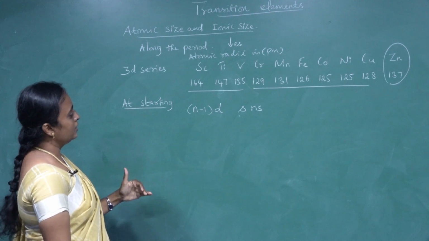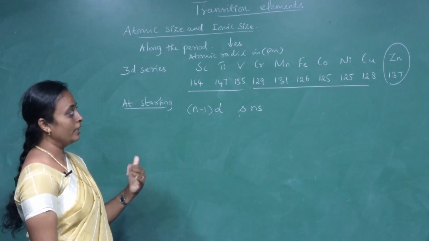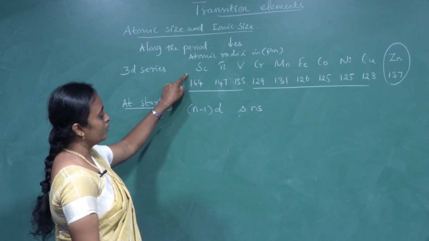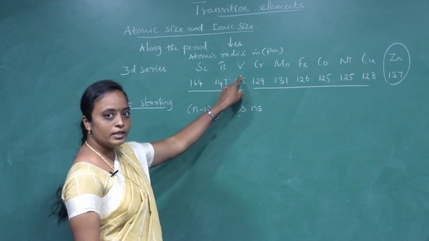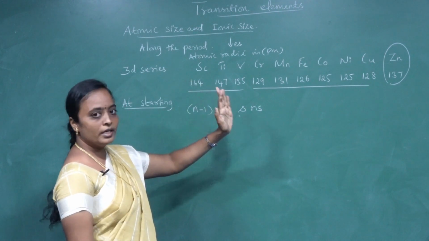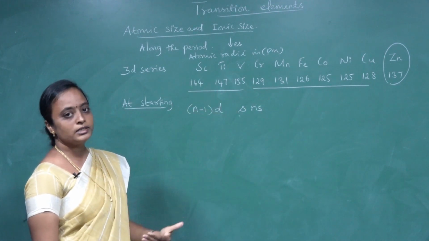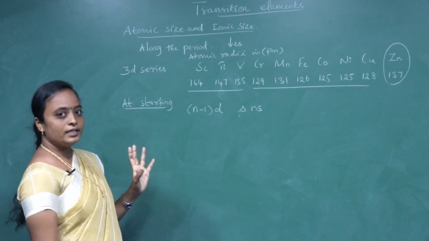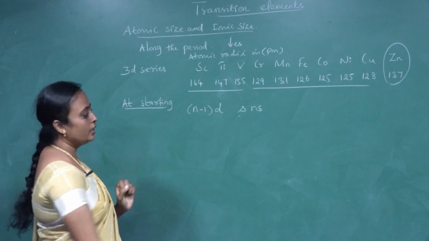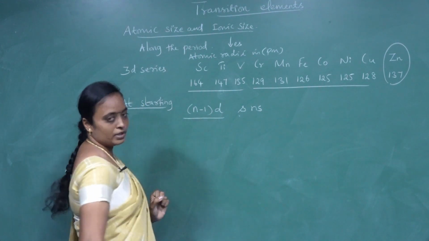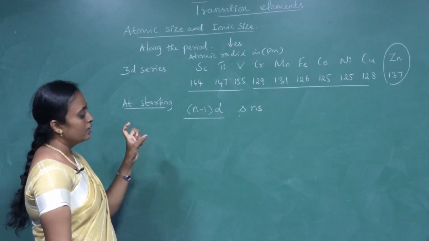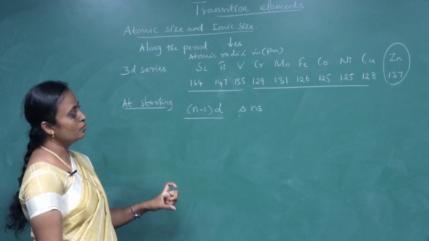As we increase the atomic number, that is, increase the nuclear charge one by one, scandium is atomic number 21, titanium 22, vanadium 23. Gradually we increase the nuclear charge by plus 1. Where will the electrons enter? They enter only into the n minus 1 d orbital: scandium 3d1, titanium 3d2, vanadium 3d3.